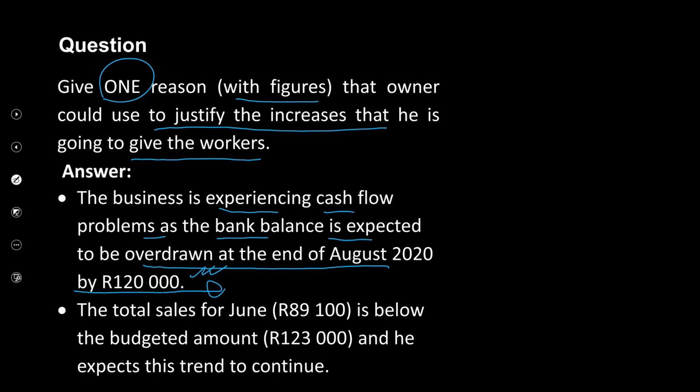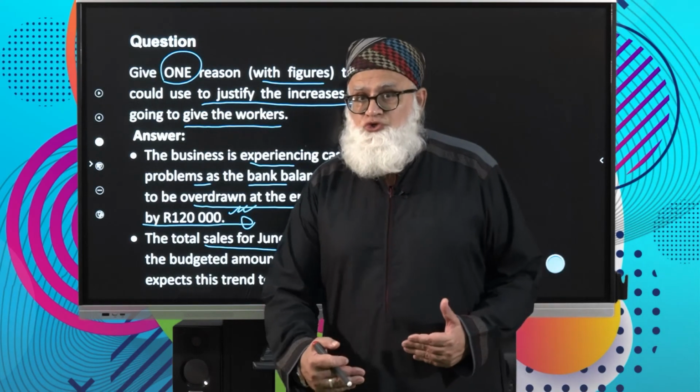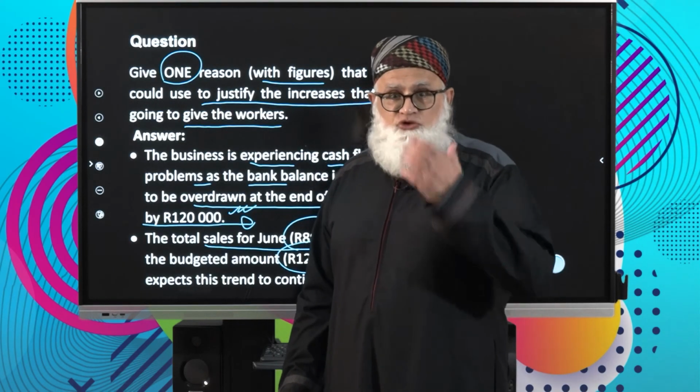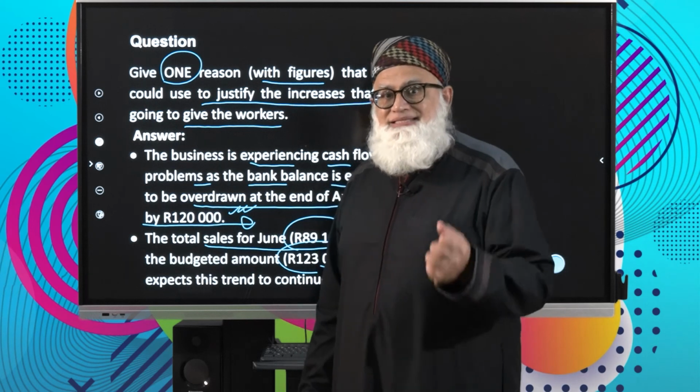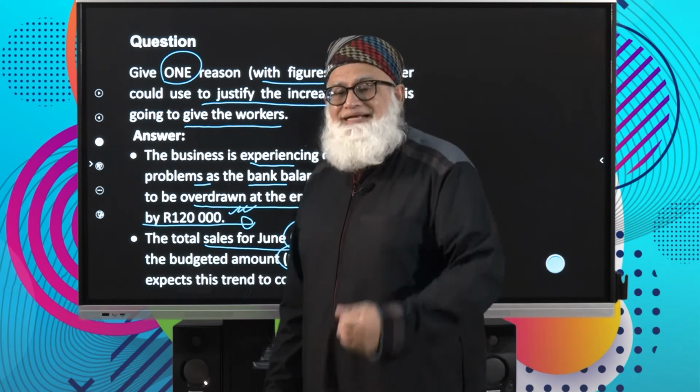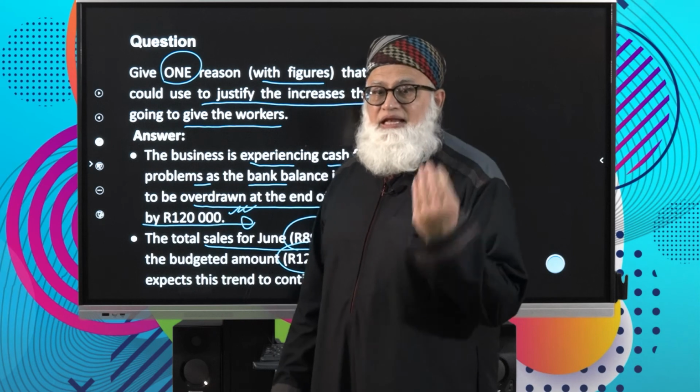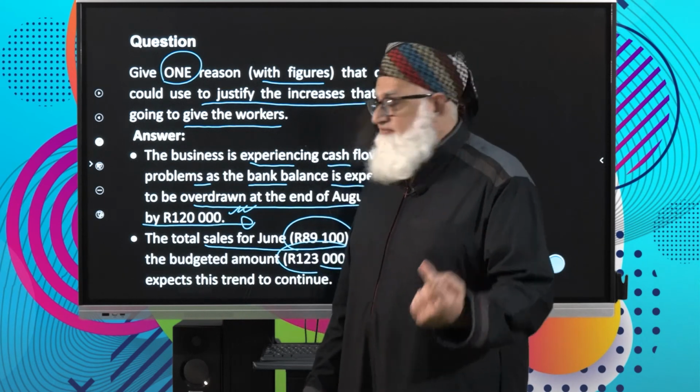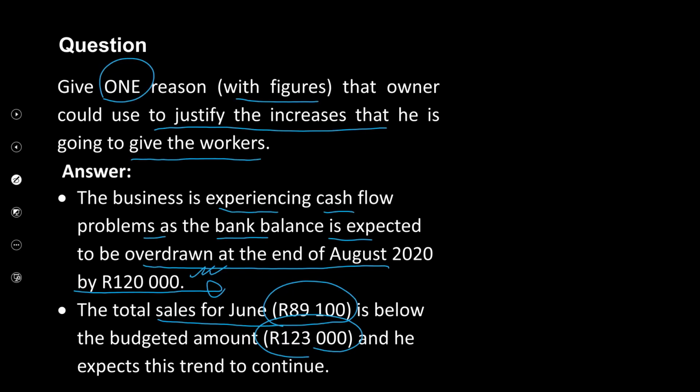2, your total sales figure for June, 89,100, is below the budgeted amount of 123,000. And he expects this trend to continue. Now, if your budgeted sales figure is less than your actual, it clearly gives you an indication. And the fact that this trend is expected to continue tells you that the sales are on a decline.